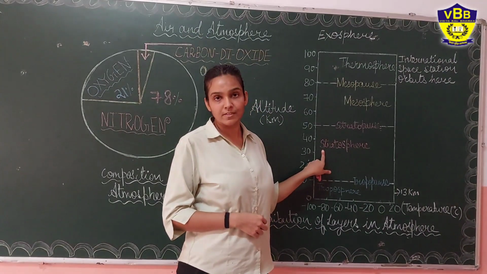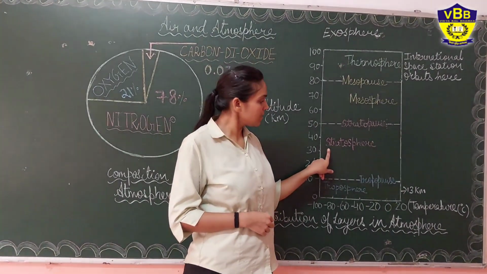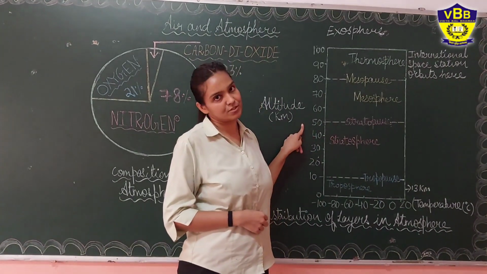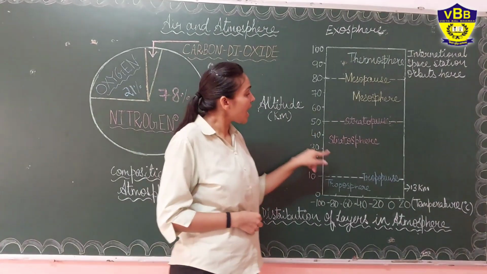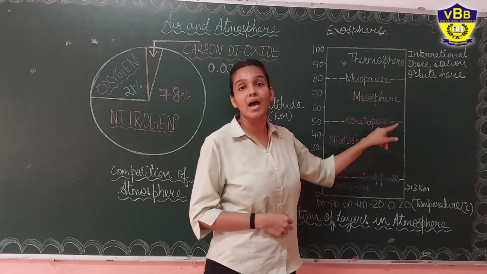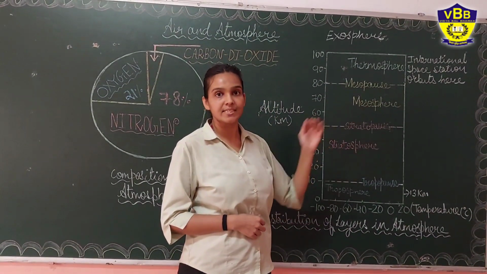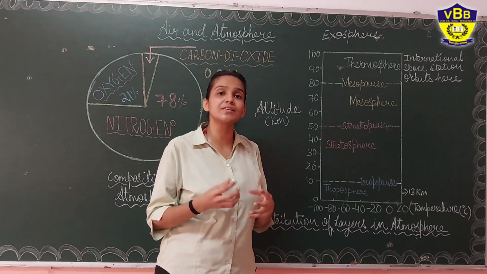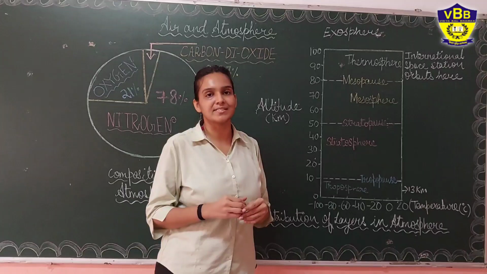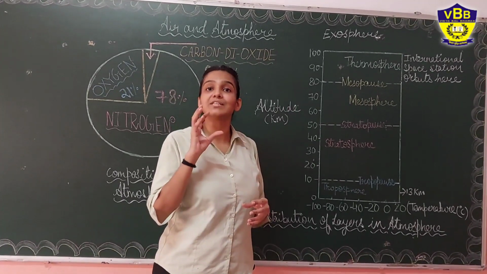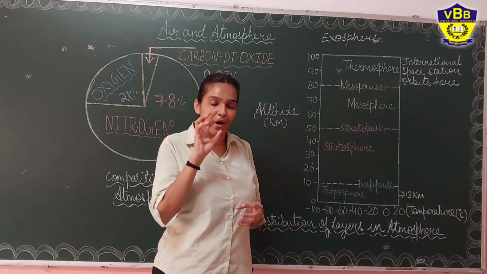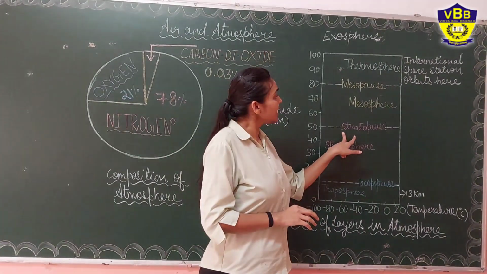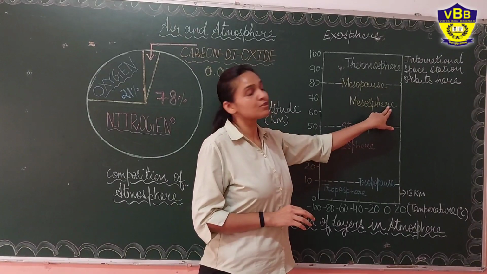Coming to stratosphere, the second layer of the atmosphere, it extends from troposphere to about 50 kilometers. Now, as we move up in height, the temperature increases. Now, what is the reason for the increase in temperature? It is due to the presence of ultraviolet rays that are absorbed by the ozone layer. Now, the next layer is mesosphere.